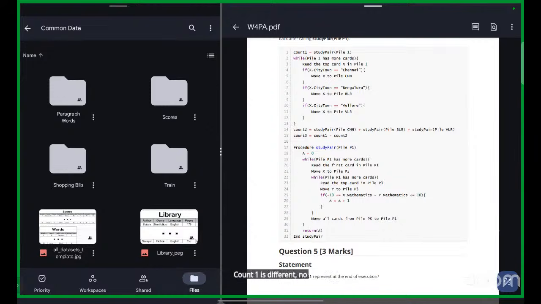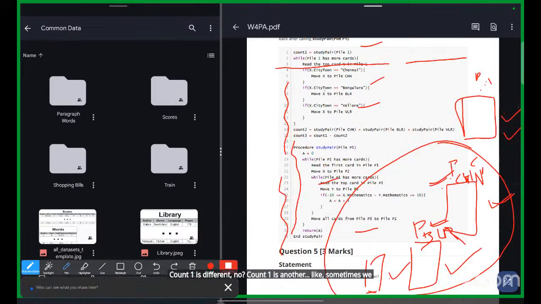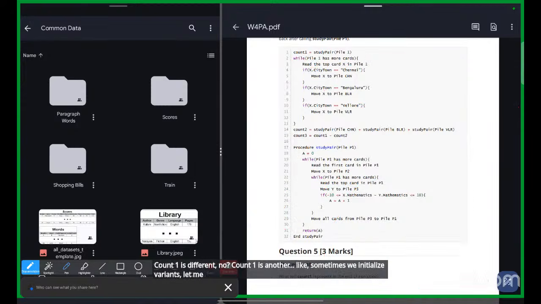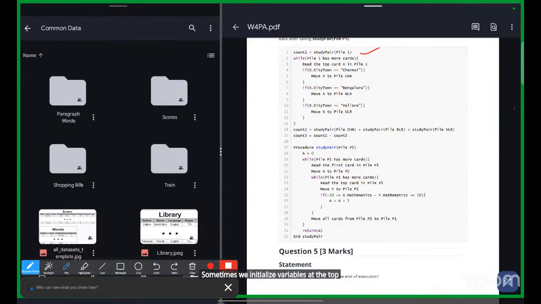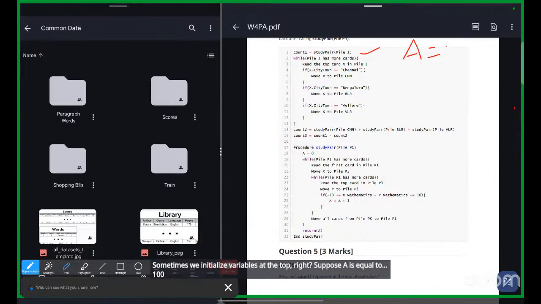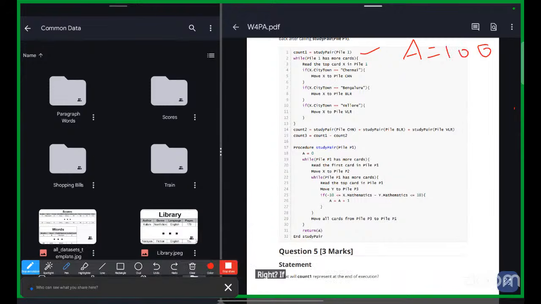Sometimes we initialize variables at the top, right? Suppose a is equal to 100. If we write this at the top in line number 1, and we don't do anything with a in the while loop, its value won't change, right?